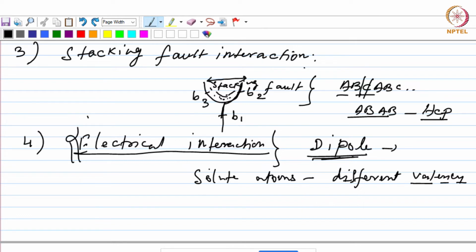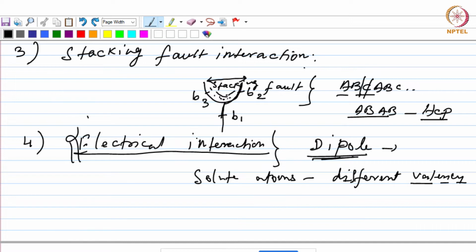Due to a different valency, these solute atoms become charge centers, because the charge will be localized around the solute atoms, and they will interact with the dislocations, which are dipoles. Due to such electrical interactions, the motion of the dislocations will be hindered.